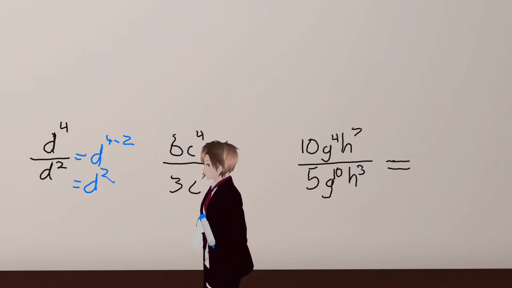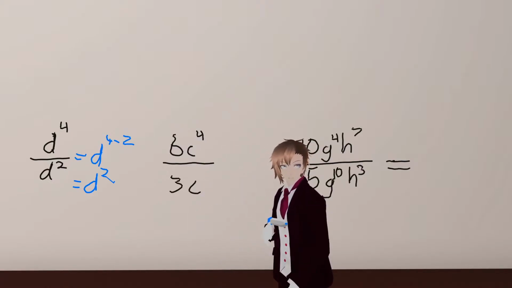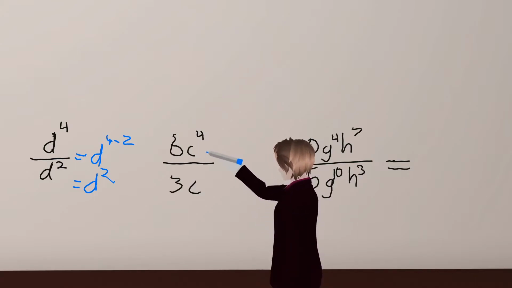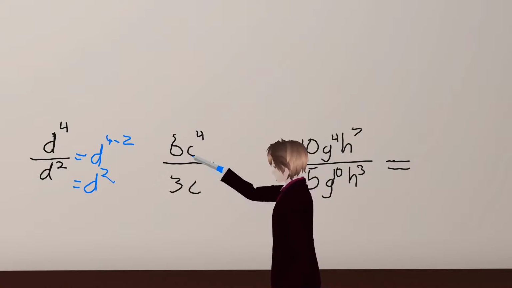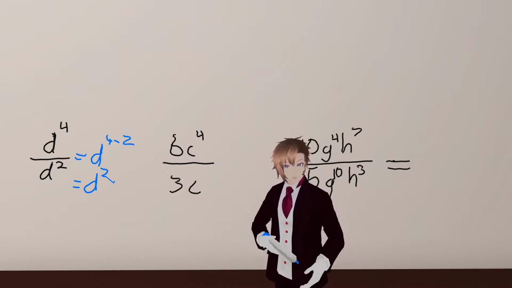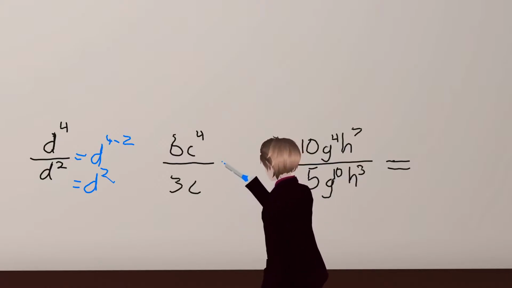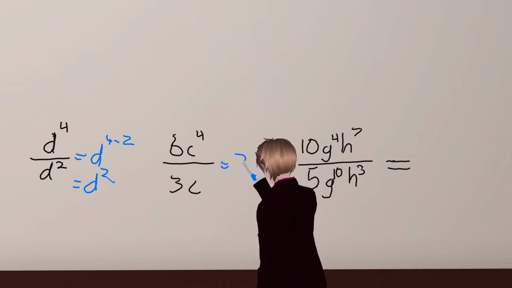Nice and simple. Now this next question, we have some numbers and some variables. So we have c and c, and we have 6 and a 3. Just like before, we're going to work out our numbers first. So this is equal to 6 divided by 3, which is 2.